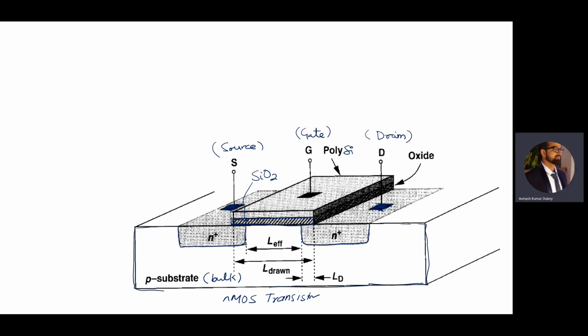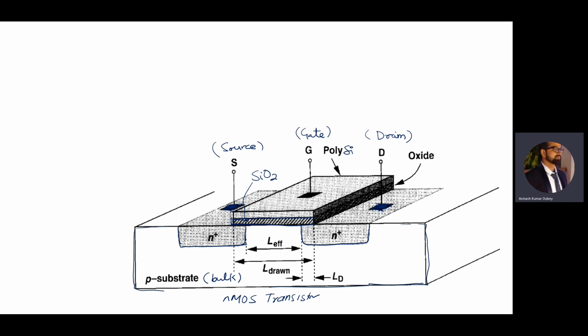So if you see the dimensions of this MOSFET, this is the gate along the source and drain region. The length of this gate is called the length of the device, which is L. Understood? Here it is called L drawn.